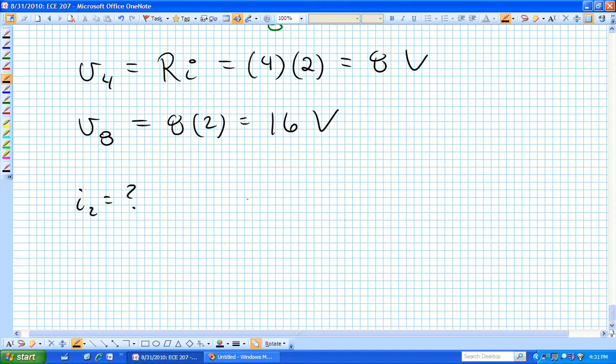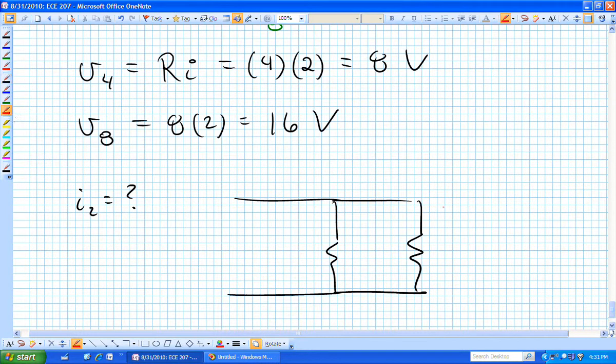That was the current over here, I think. Wasn't that I sub 2? And here was our 12 ohm, and here was our 6 ohm. What did we just calculate? Anything to help us find I sub 2?